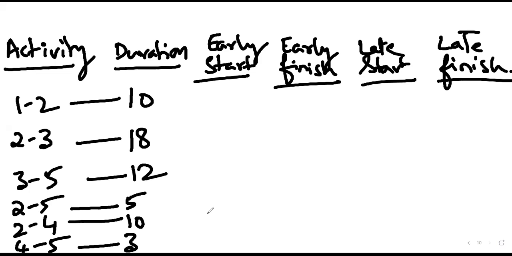Even if we write early start and early finish of each activity separately, it's fine, right? Yes, it is fine. Not an issue. Even if you write early start and early finish in a separate table and late start, late finish in a separate table, no problem at all.